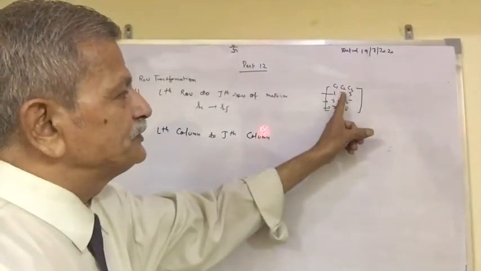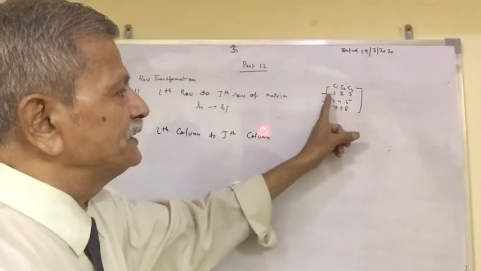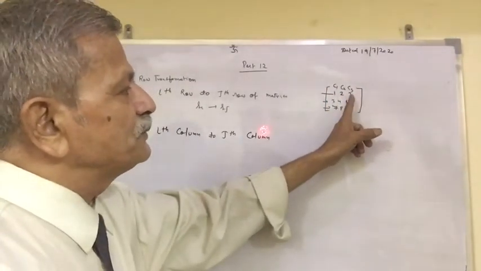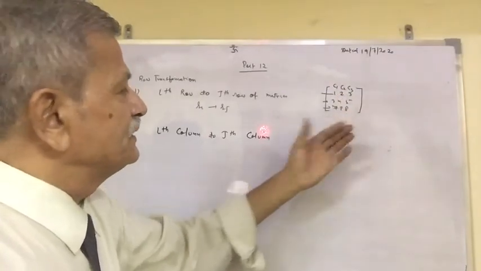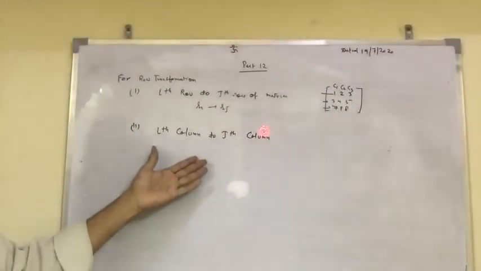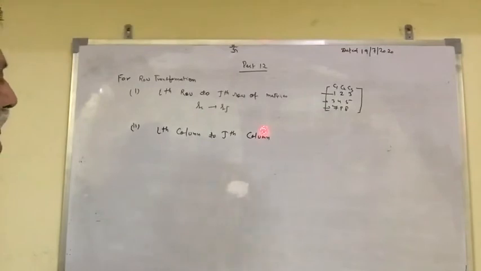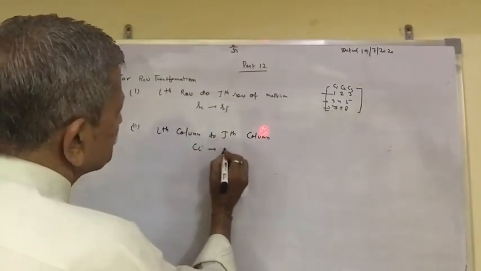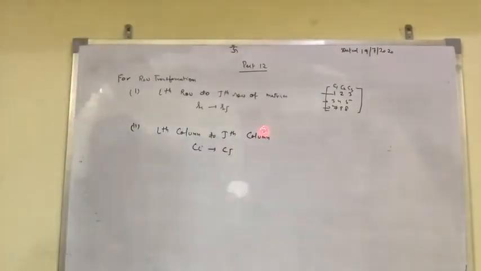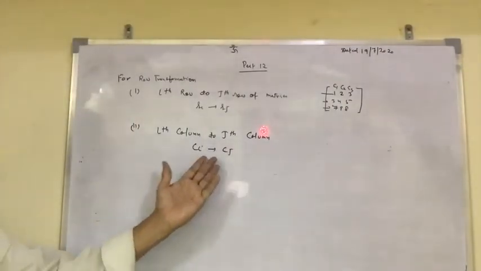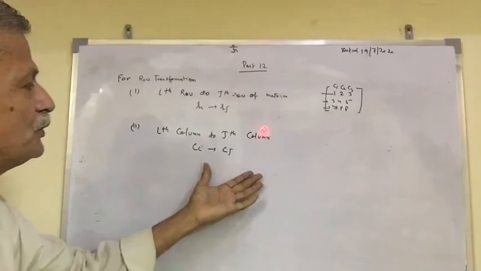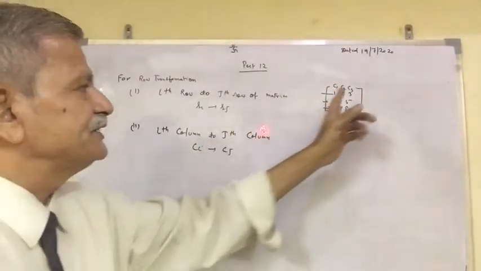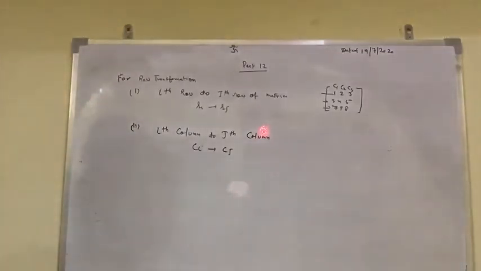Either you can put this whole column here, or you can put this column here. So ith column to jth column, which means I write Ci to Cj. So you can interchange any ith to jth. This is the second rule.